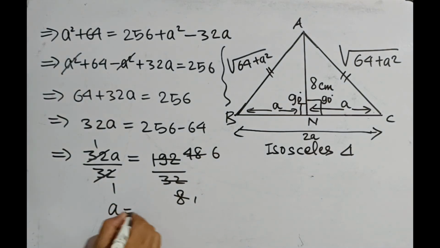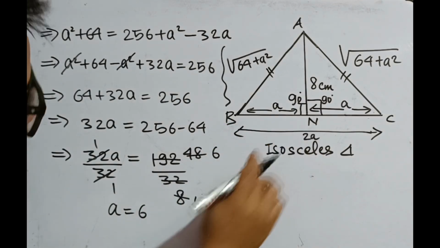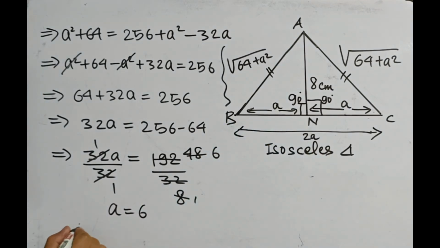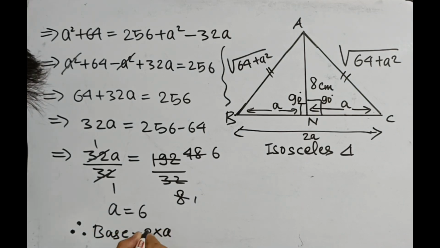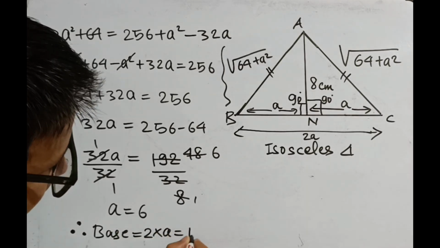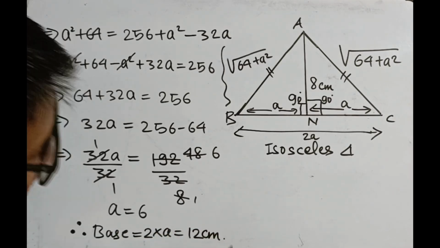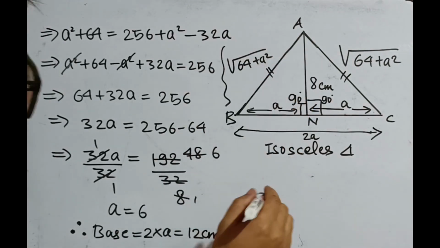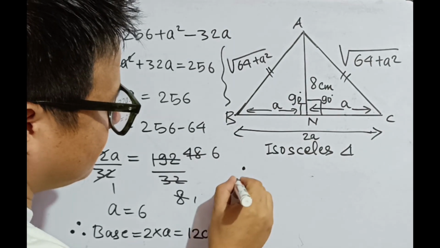Therefore the value of a is 6 centimeter. Now the length of the base is 2a, and since a is 6, this gives 2 into 6, which is 12 centimeter. Therefore the length of the base is 12 centimeter.